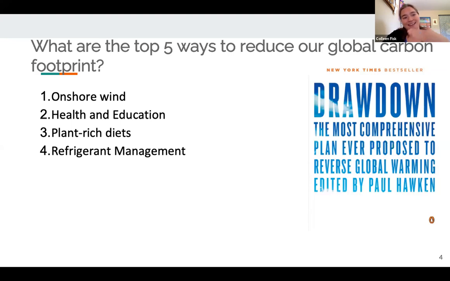So it has started to, I think, lower down, even though it's still one of the top 5. And then number 5 is the tropical forest restoration. So reforesting and helping support that huge carbon sink of tropical forests, which have been decimated in recent years and continue to be decimated. So those are the top 5 ways.